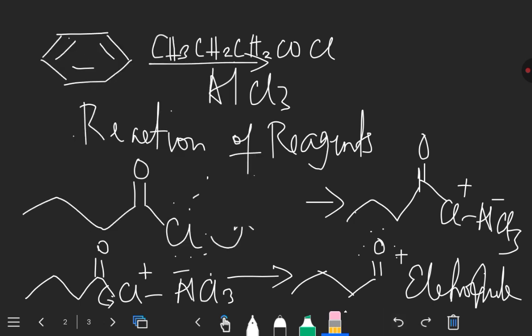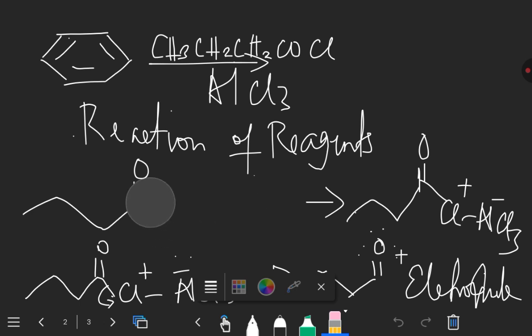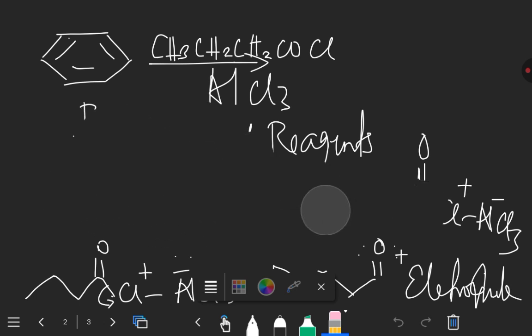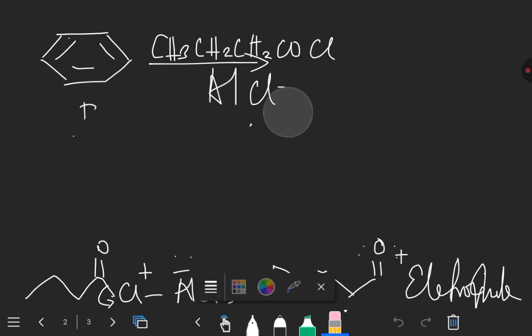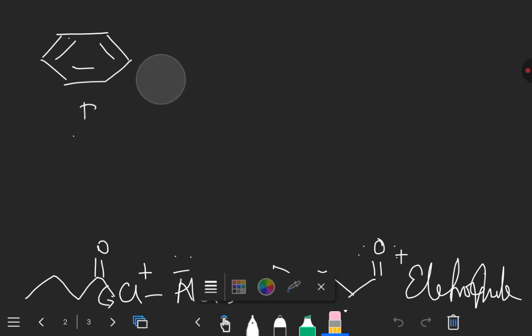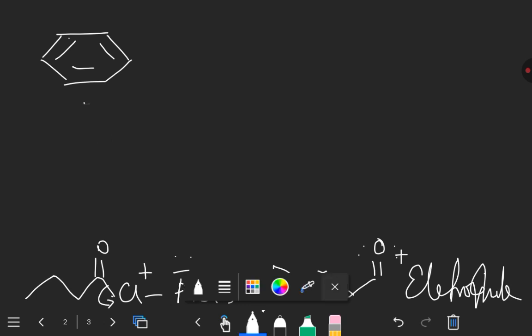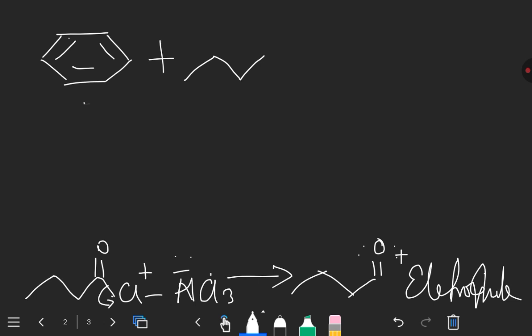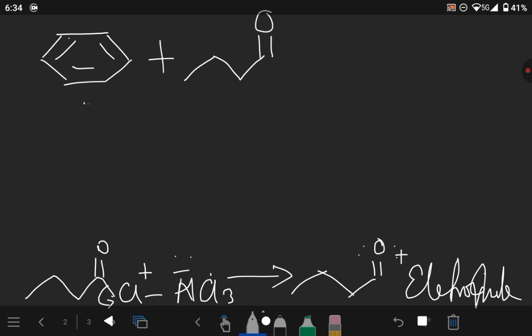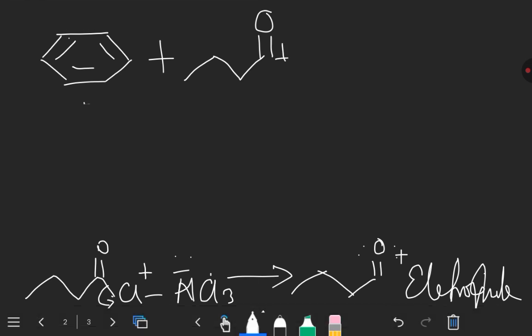Okay, I should leave the benzene which is there on top. Alright, so now this benzene will react with the electrophile which we have formed, like that, with a positive charge.